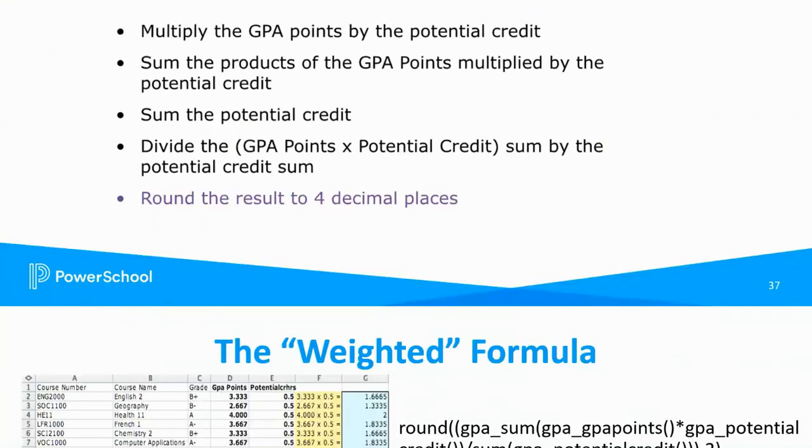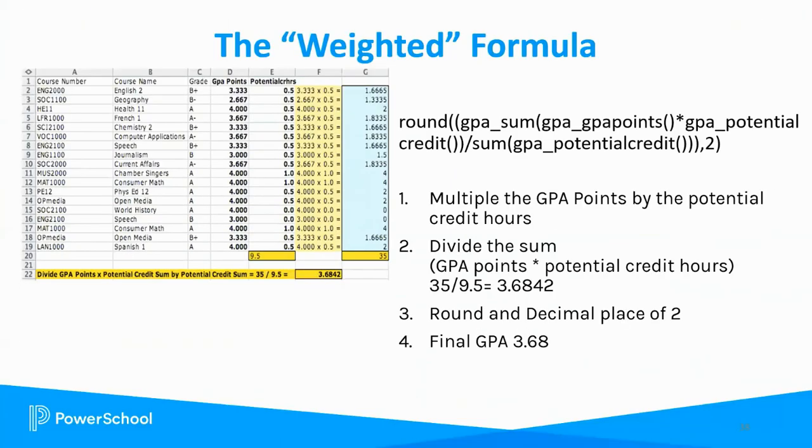So we're going to go back to the same list of classes as before. However, this time we are adding in the potential credit. So whereas before we had the 65 divided by 18, this 3.333, because the potential credit is 0.5, that changes the math it's using to the 1.66665.